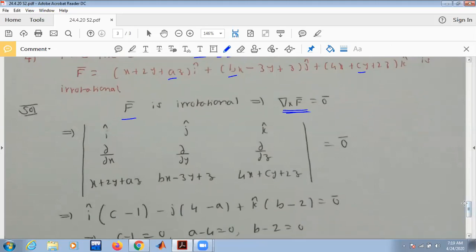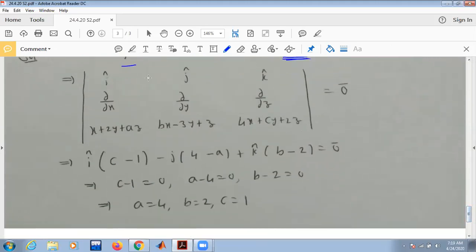When I find the determinant, you will notice that i into (dou by dou y of the third component, which is c, minus dou by dou z of the second component, which is 1), minus j into (dou by dou x of the third component, which is 4, minus dou by dou z of the first component, which is a), plus k into (dou by dou x of the second component, which is b, minus dou by dou y of the first component, which is 2), equals 0 bar.